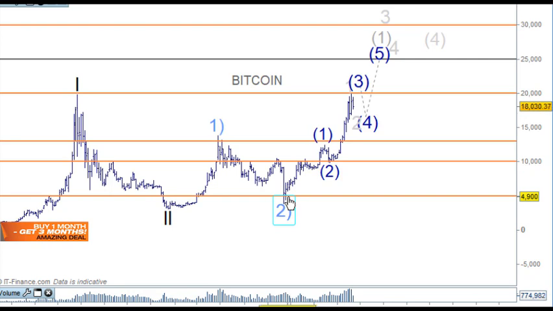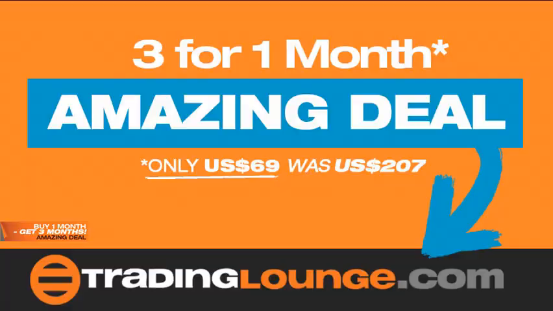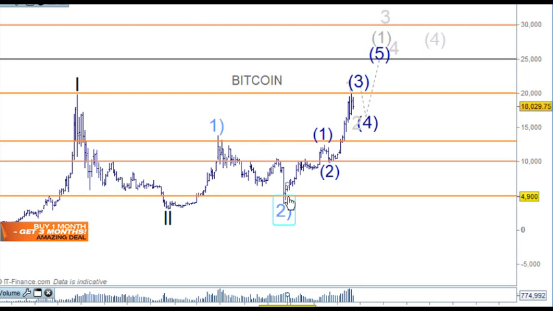Whichever way you want to count it, you will not end up with a 5-wave sequence to the upside. So that's very helpful. The other thing too is that double tops in a market like this, they're never the end of the trend. So that's just another plus for the upside.